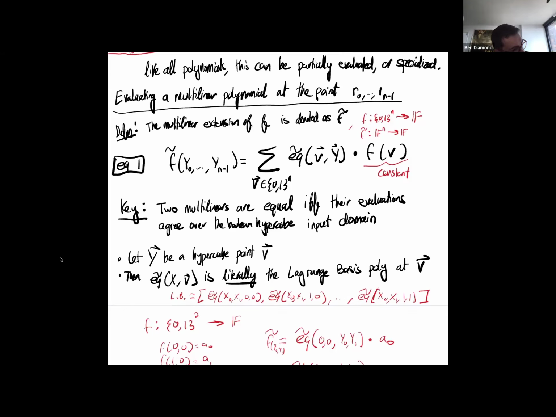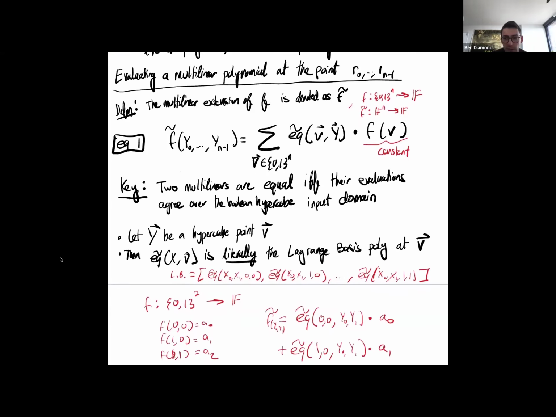And the answer is yes. So this is basically a multivariate, multilinear analog of that fact, which is related to the fact you said, but not exactly the same fact, right?